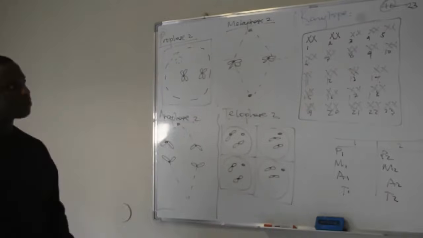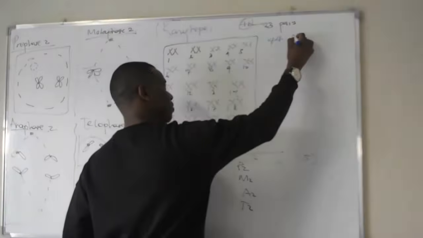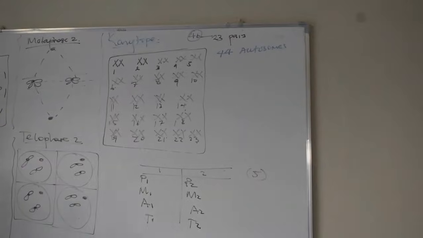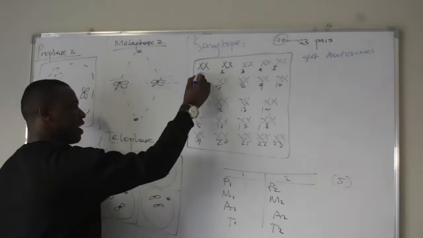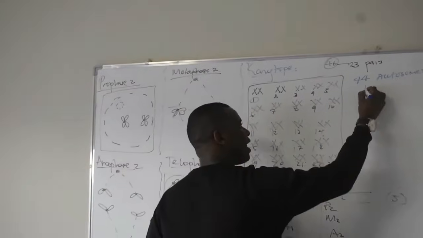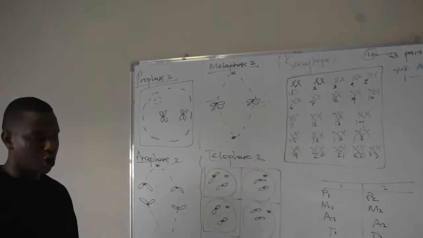All right. And then there's something I said. I said you have 44 autosomes. Meaning that when you group them in pairs, you are going to take pair number 1 up to pair number 22. So pair number 1 to 22, those are autosomes.